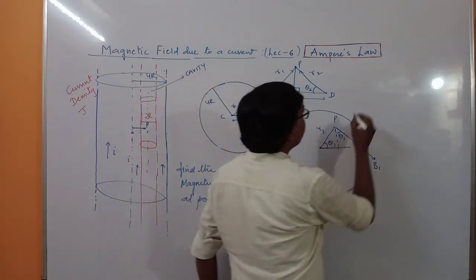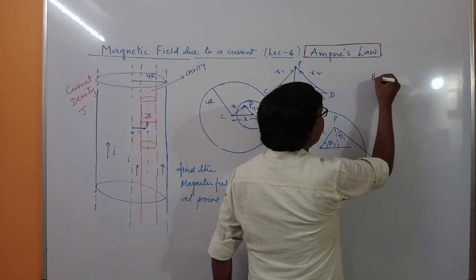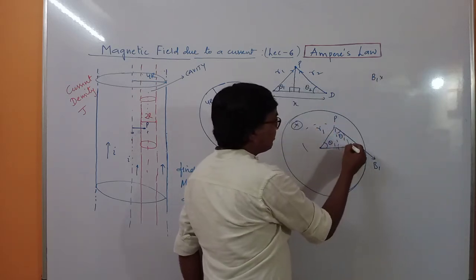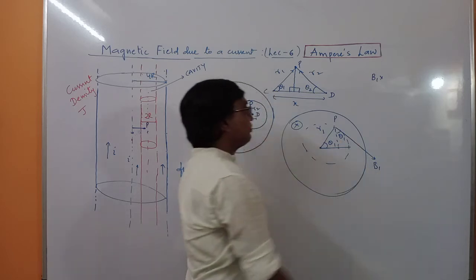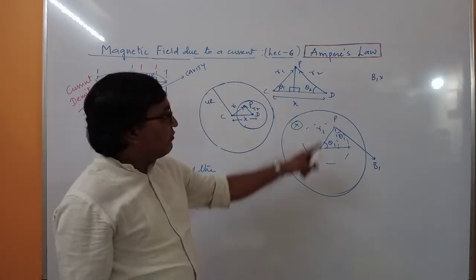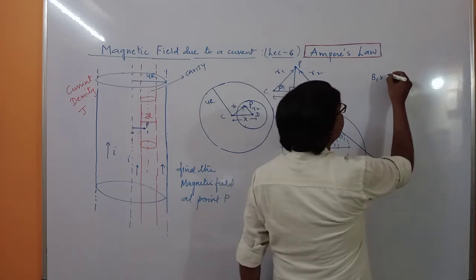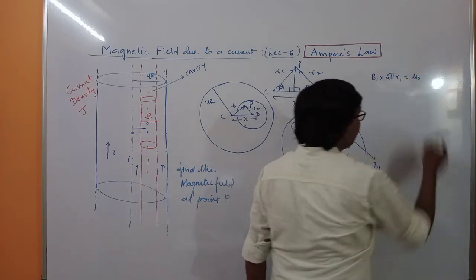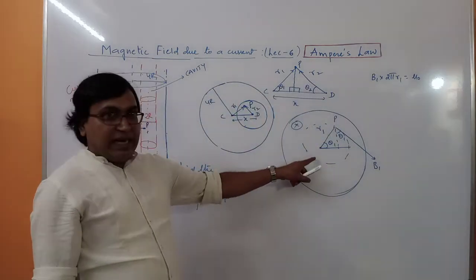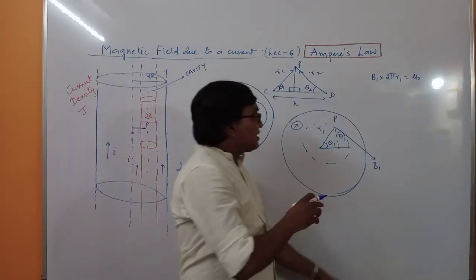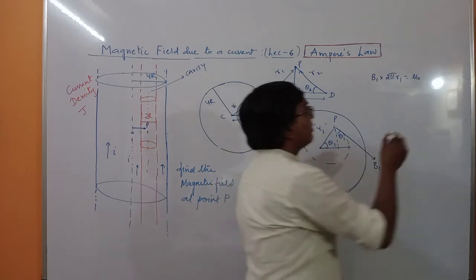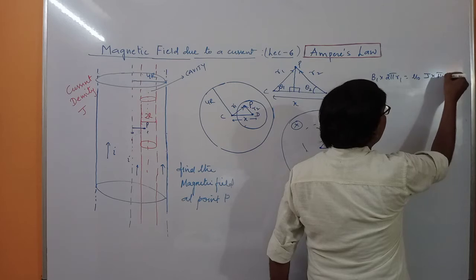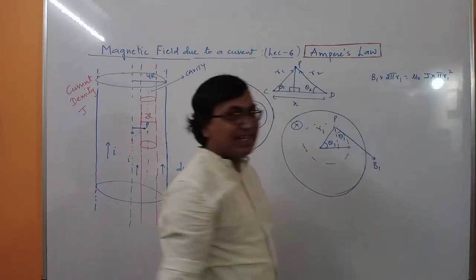And how much is B1? To calculate B1, we use Ampere's loop. B1 into the length of the loop, which is 2 pi R1, equals mu naught times the current passing through this loop. The current density is J, so the current is J multiplied by pi R1 square, that is the area.